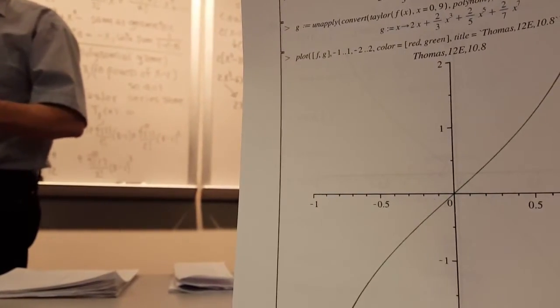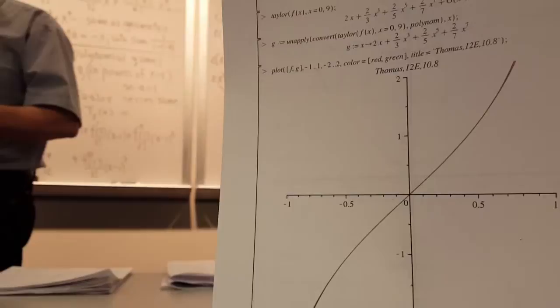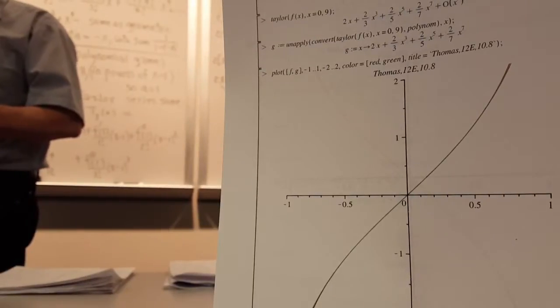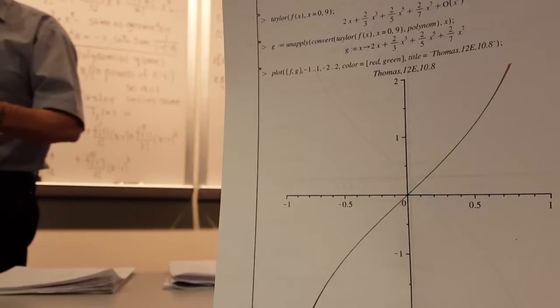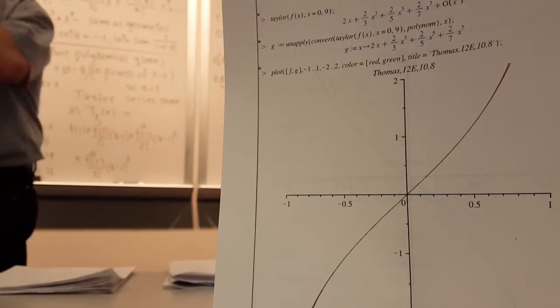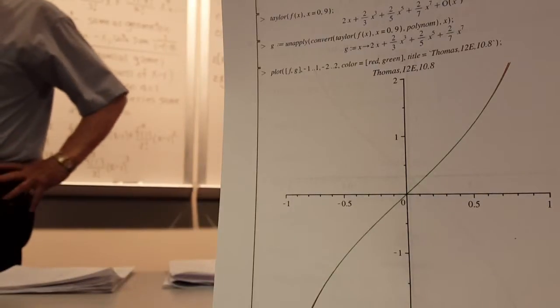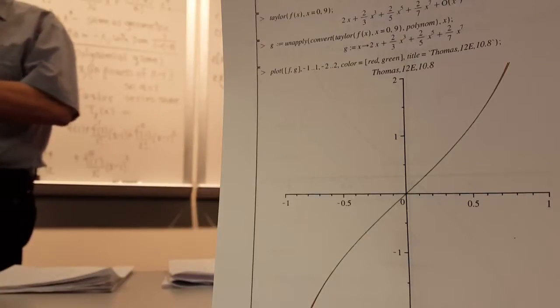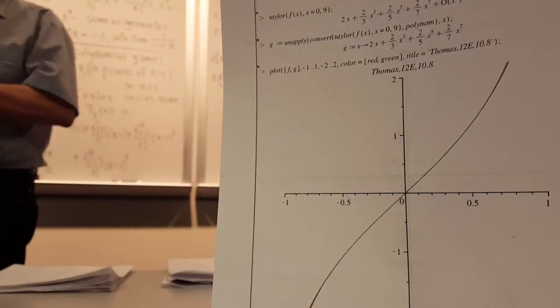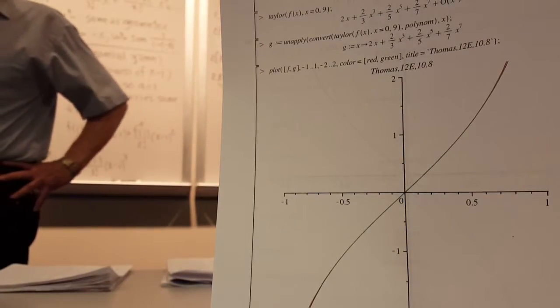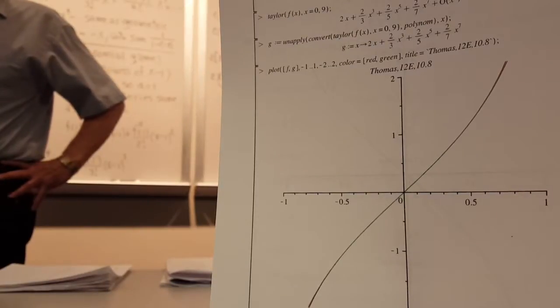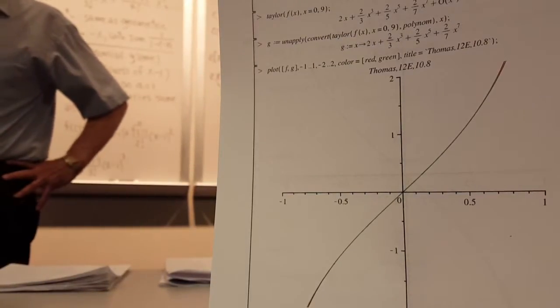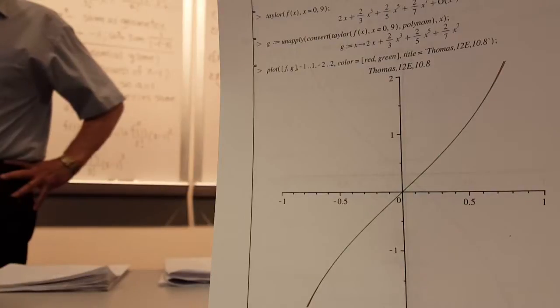But between minus a half and a half anyway, you can't see the difference unless your eyesight's better than mine, which is very possible. But regardless of eyesight, they're certainly very, very close until you get close to the ends of your interval. So that means that your polynomial is a good approximation to your log.